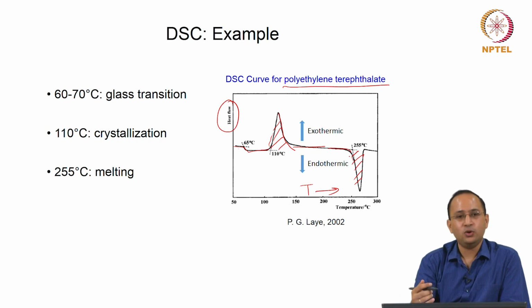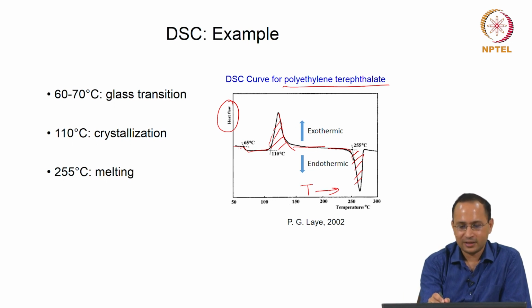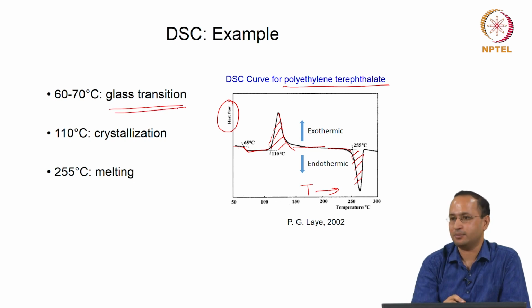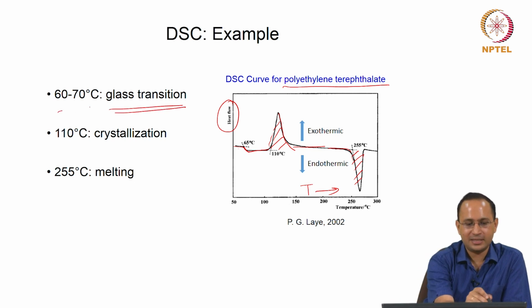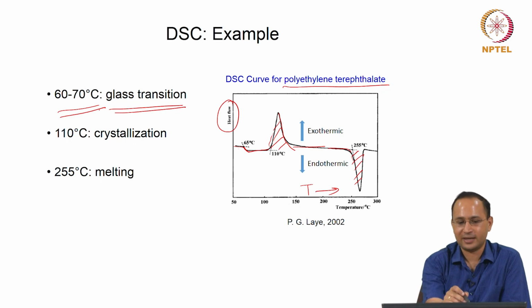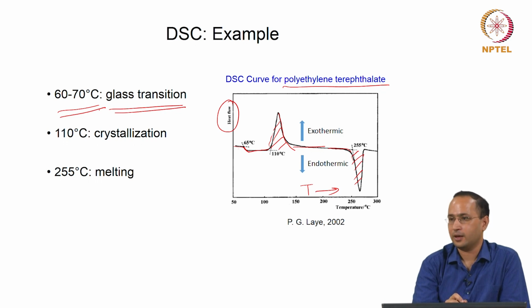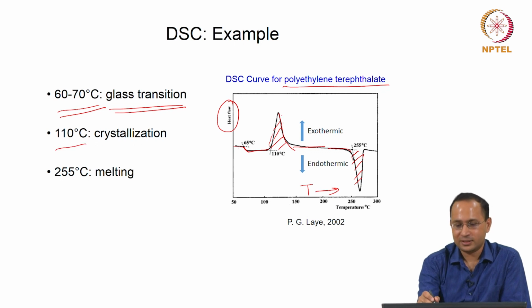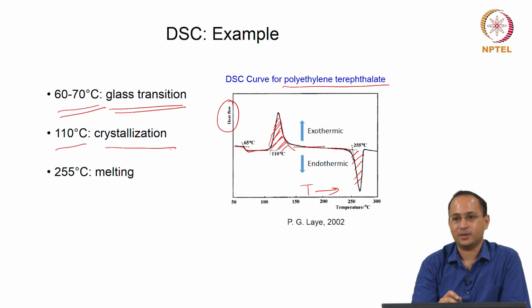So, it can tell you what is happening, that is the point. You have this DSC curve. This small drop here tells you it is the glass transition temperature range, 60 to 70 degrees Celsius, that is where the glass transition is happening. At 110 degrees Celsius, this one is because of the crystallization, and we know crystallization is exothermic.